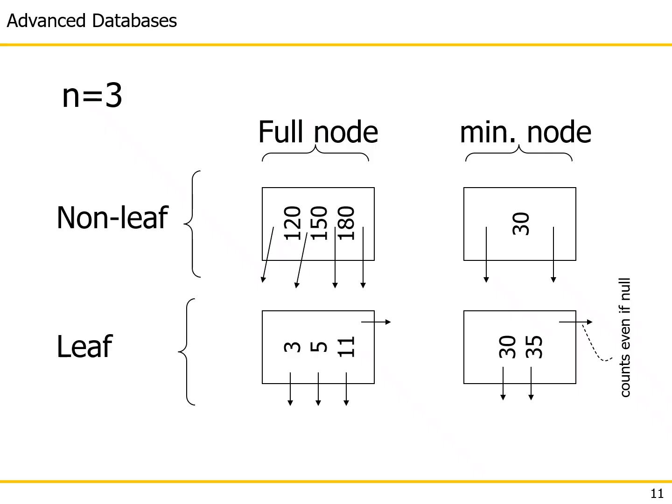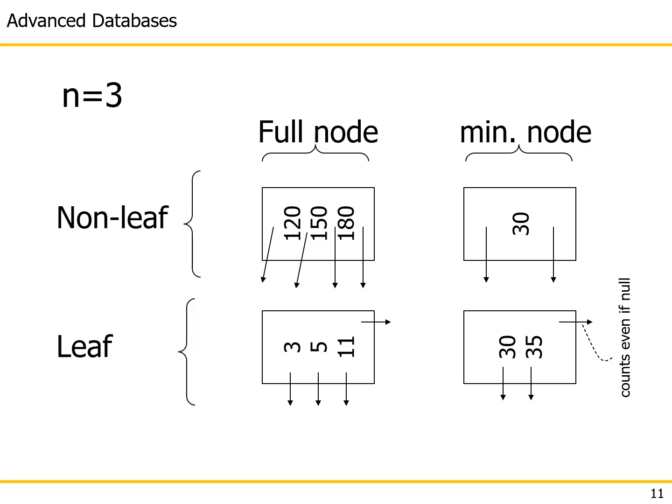So when we talk about the full node, then if n is equal to 3, it means the maximum number of keys I could have is 3. At the leaf level, you will see the 3 values, 3, 5, and 11. And associated, as we said before, with every one of those is a reference to where that row is, that has the value 3, or that has the value 5, or that has the value 11. And then you get this sibling node.